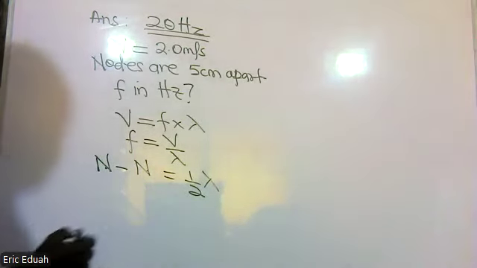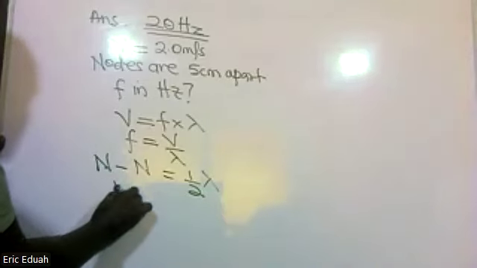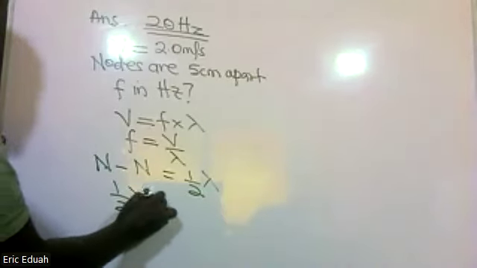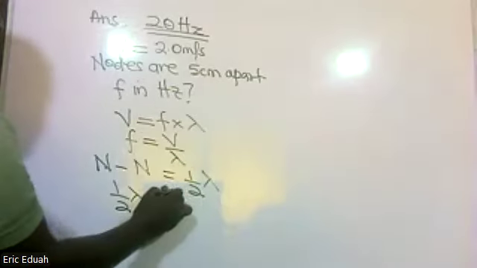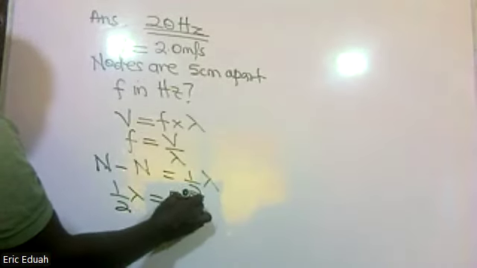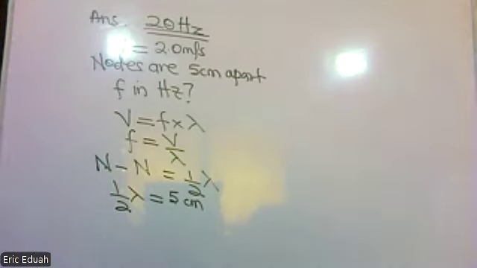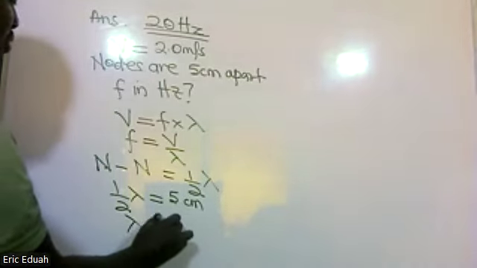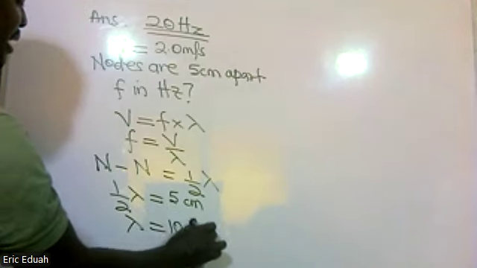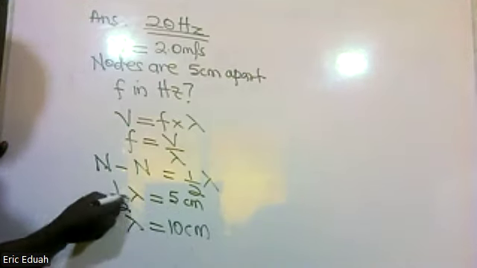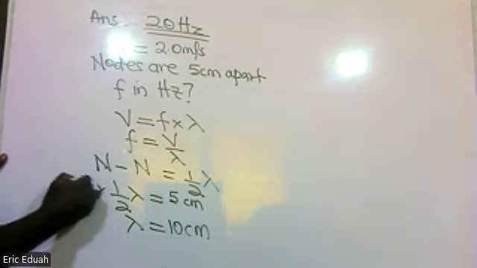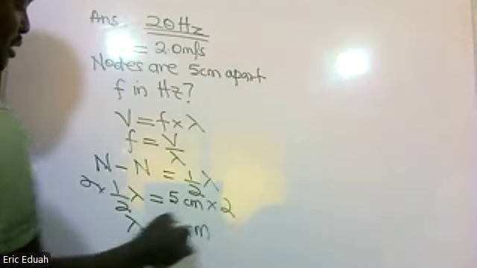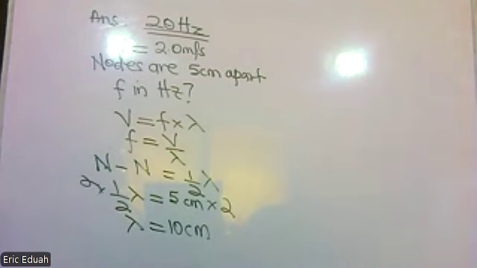So it implies that this half lambda is equal to a distance of 5 centimeters. Therefore, the wavelength is equal to 10 centimeters. When you multiply through by 2, lambda is equal to 10 centimeters.